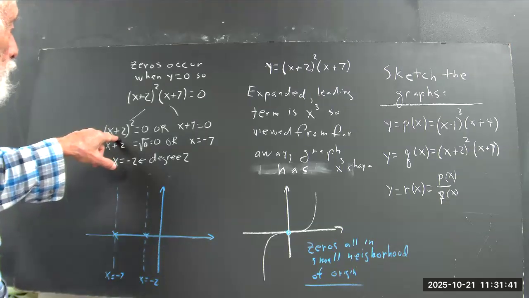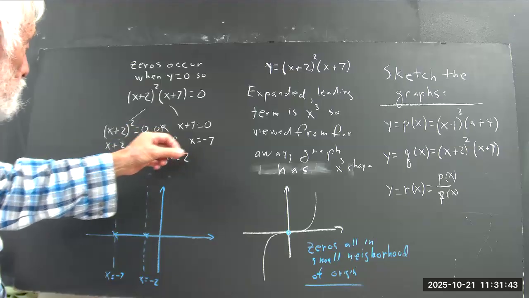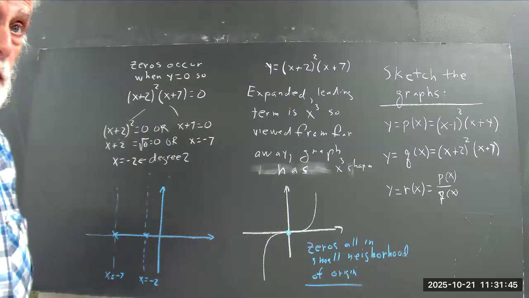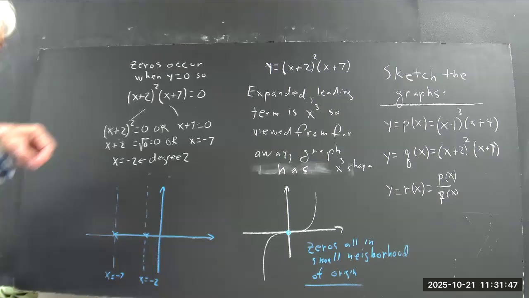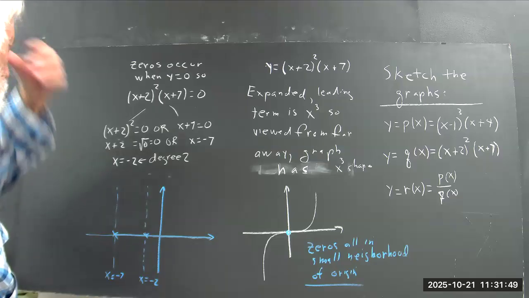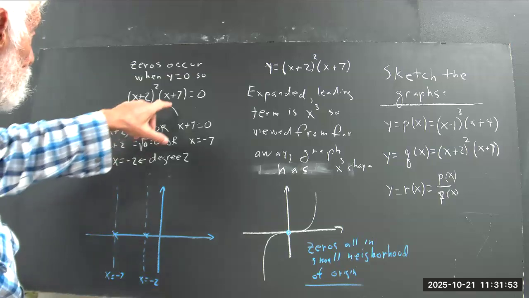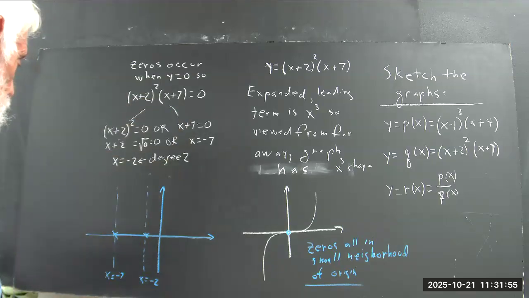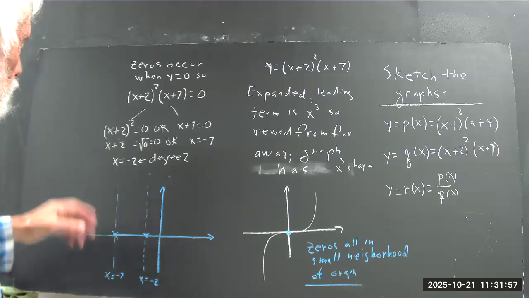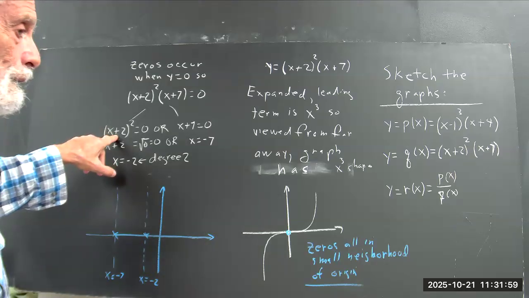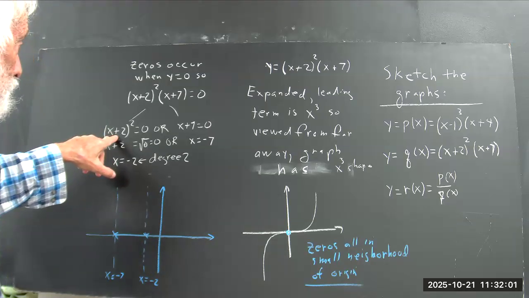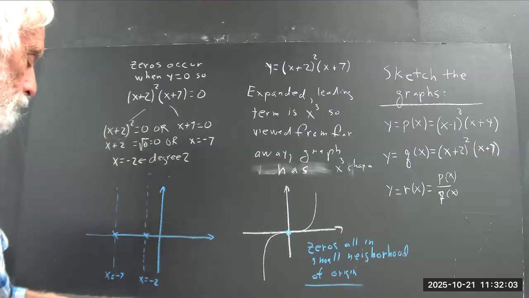This is just like the x squared function shifted left 2 units. And we need to understand that. Now, it's shifted left and also stretched, though not that extremely, because of the x plus 7, but we know that it's going to act like an (x plus 2) squared.